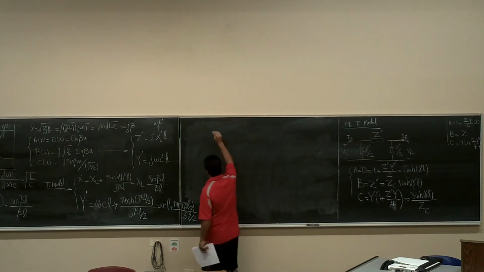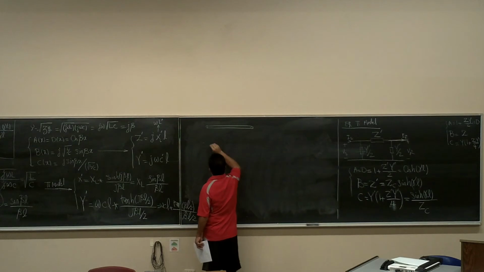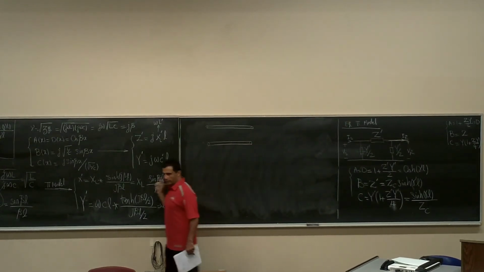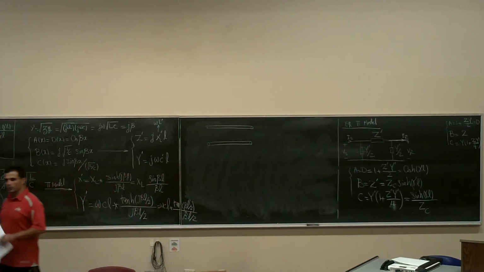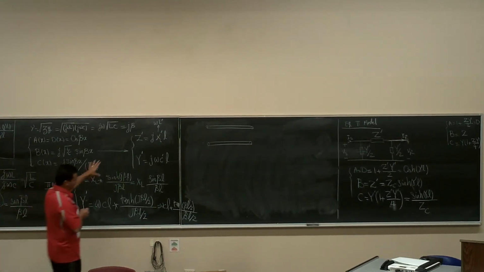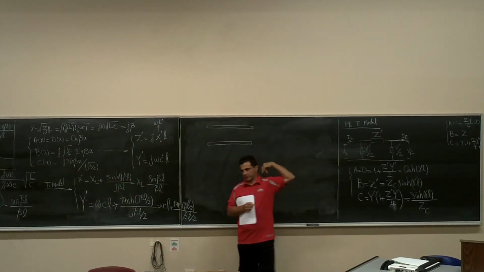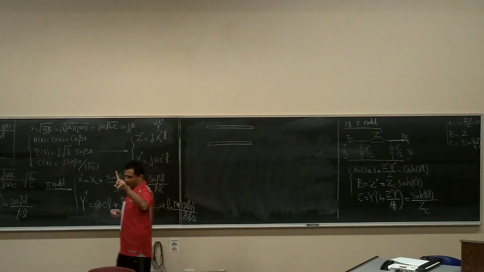If I have a transmission line, it could be for a single phase system, or it could be for a three-phase system. I'm drawing only one phase here. The transmission line doesn't have to be power, it could be like microwave systems and those kinds of things. So it could be a single phase two-wire system, or a three-phase system. I'm drawing only one phase here.